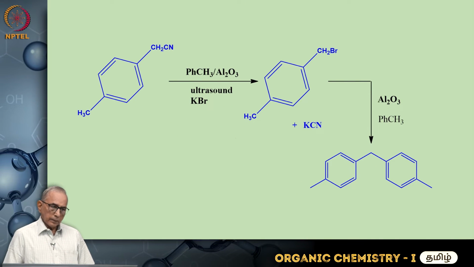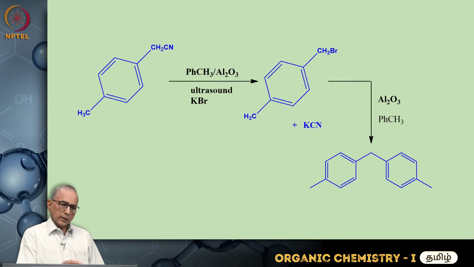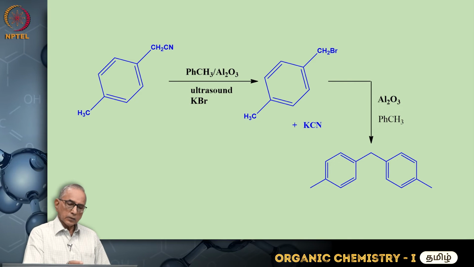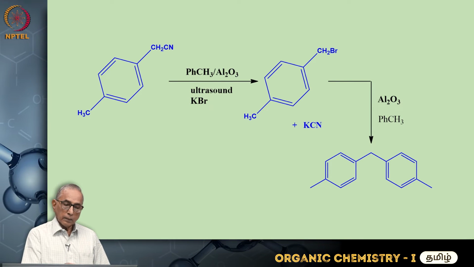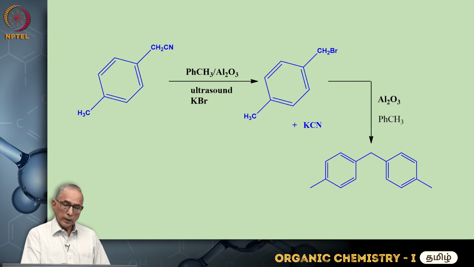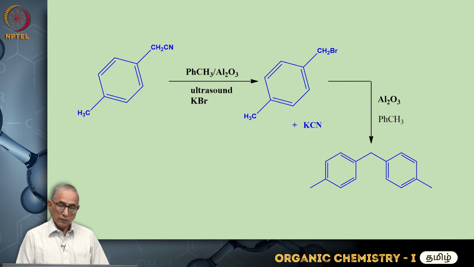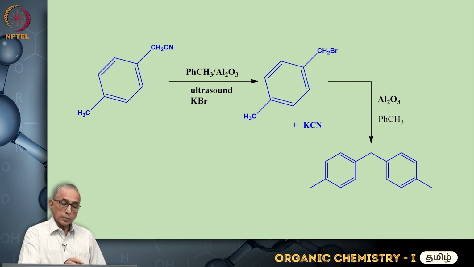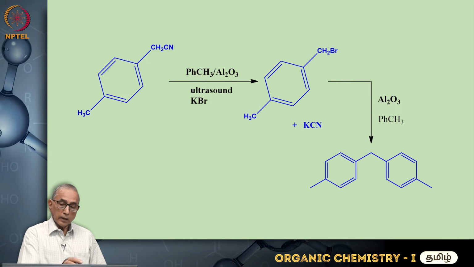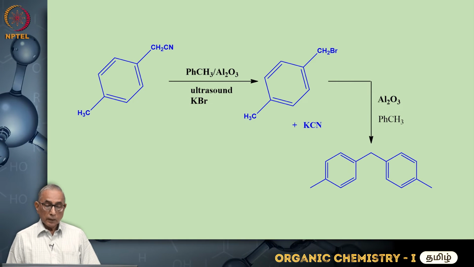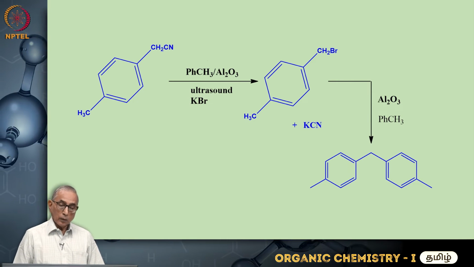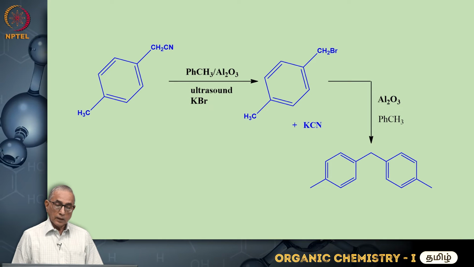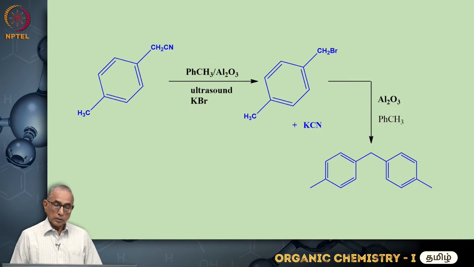If you have this paramethyl phenyl acetonitrile react with toluene aluminum oxide in the presence of ultrasound using KBR, you have substitution of the cyano group to bromine. Normally only bromine gets substituted to cyano group.